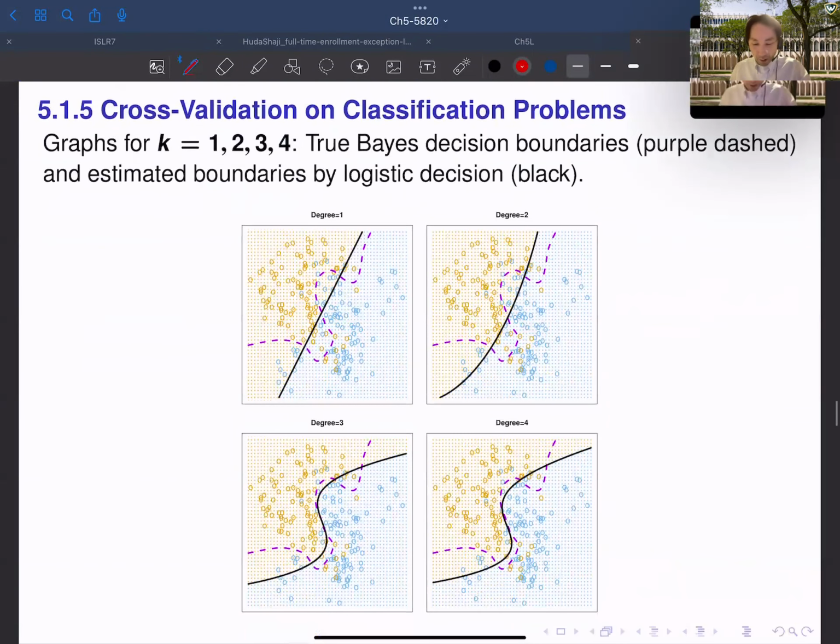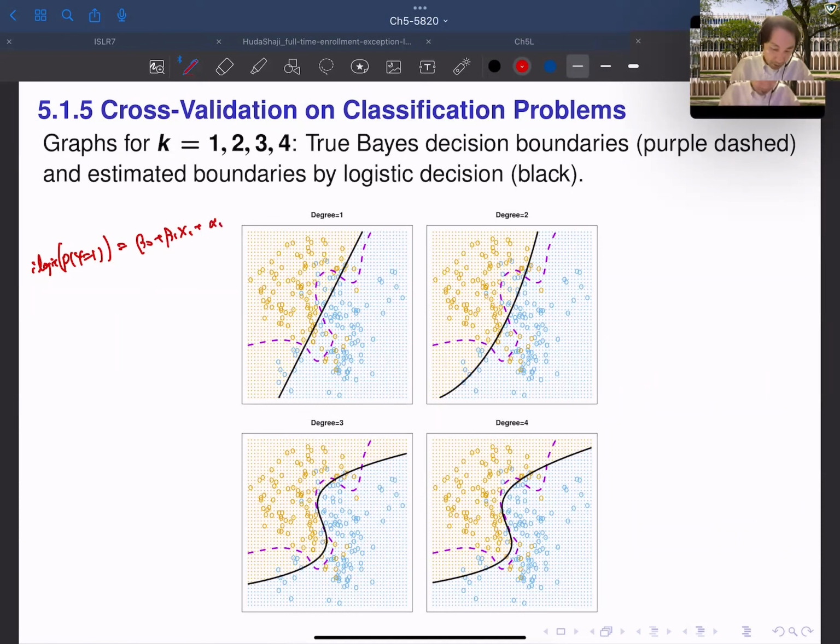So here, the degree 1, 2, 3, 4. And logistic regression has a linear boundary in the linear case. So the predicted probability of y equal to 1, through the inverse logistic function, is equal to beta naught plus beta 1 x1 plus beta 2 x2.